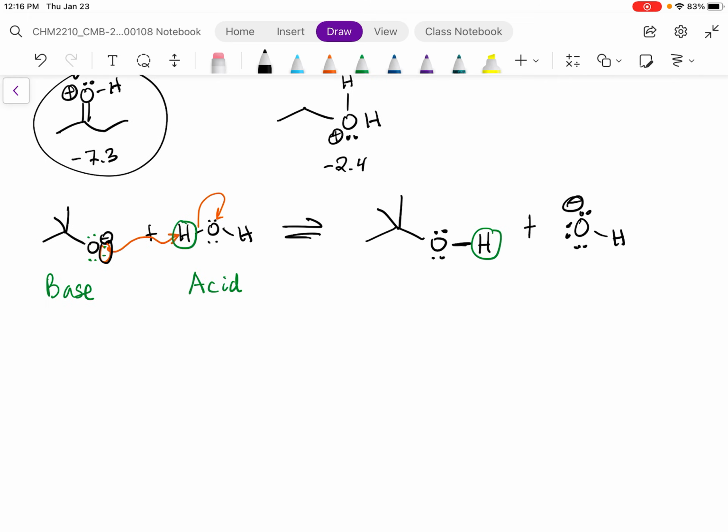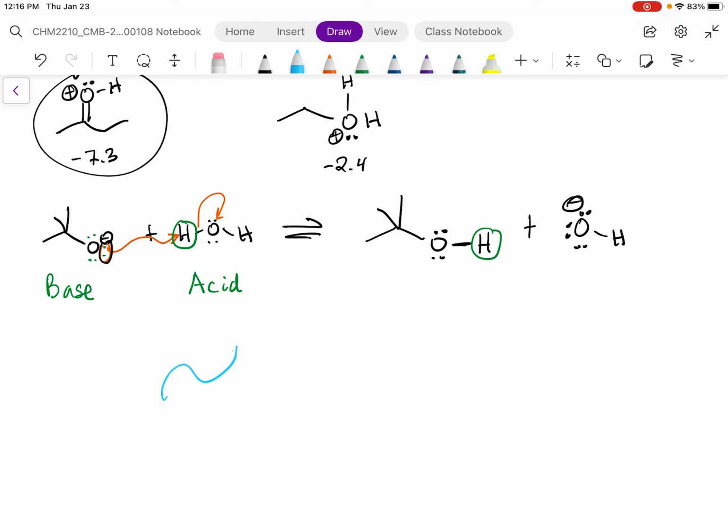Okay. Now we have that. Let me give you a warning. When I give this warning, 50% of you don't listen, or there's some sort of confusion. The way I drew those orange arrows is critical, because they show you where the electrons start.